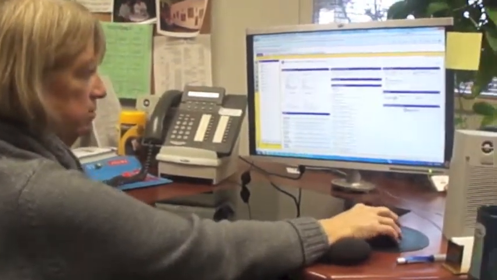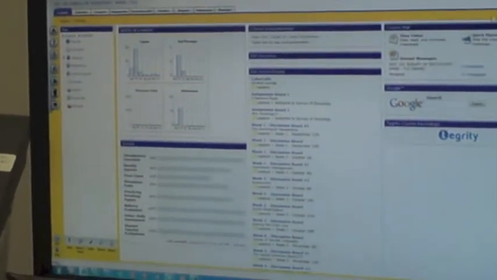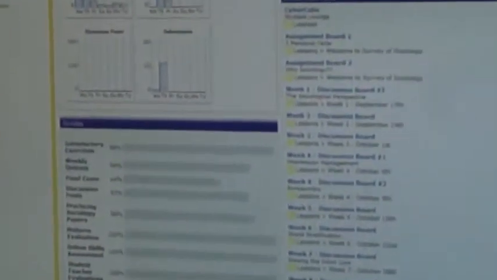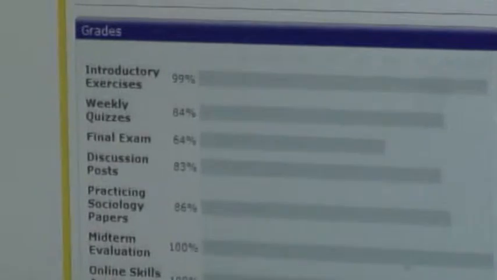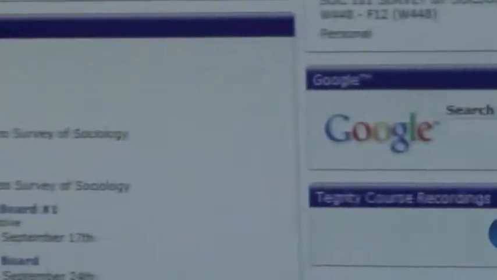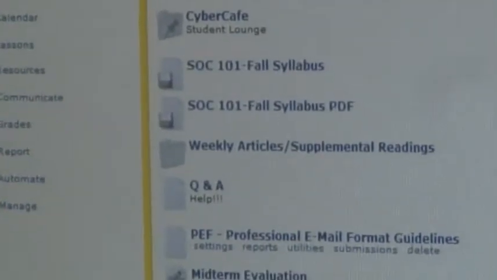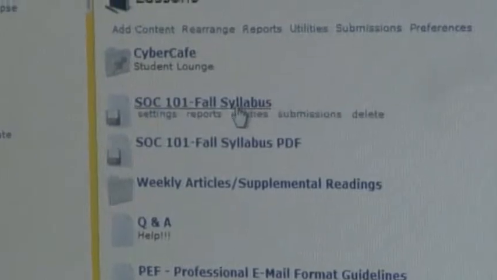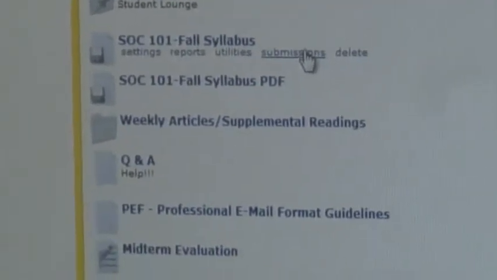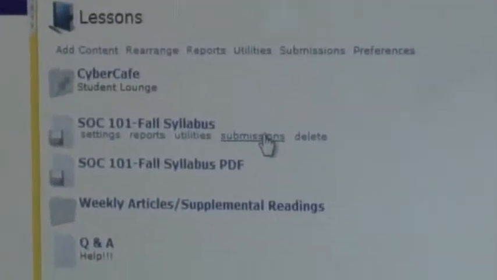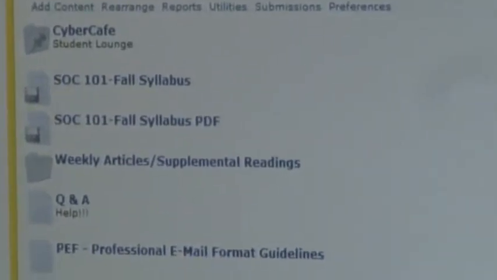Wow, you can see how different this one looks. There's a lot here right on this first page. It gives me a lot of information. I don't see the syllabus necessarily, but I'm going to assume the syllabus again is going to be in lessons or in resources. She has the syllabus here in 2 different formats, which again makes it a little bit easier for the student.